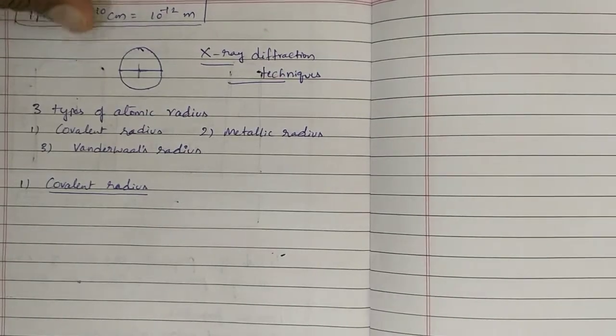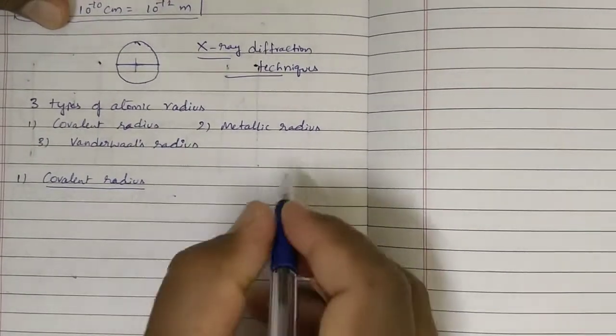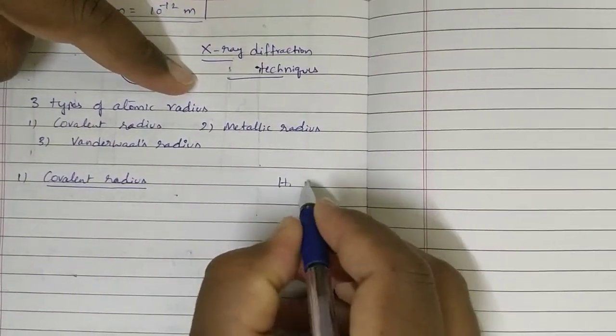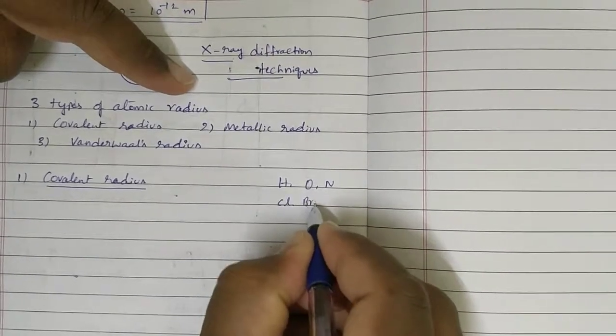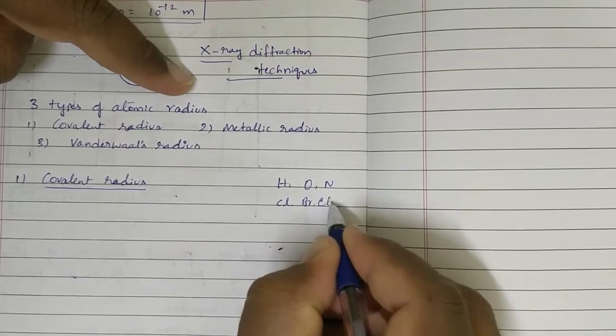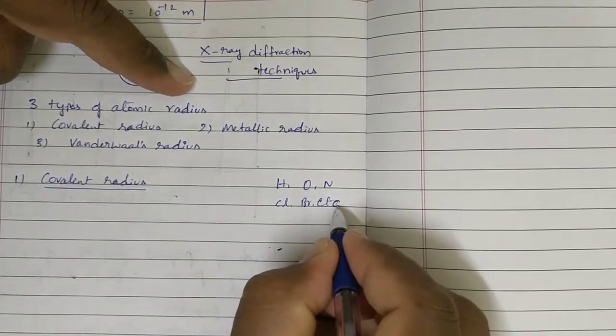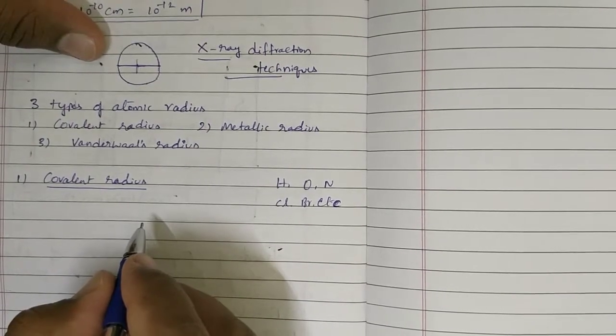Covalent radius. Generally, elements like hydrogen, oxygen, nitrogen, chlorine, bromine, etc. cannot exist individually, that is, in the atomic state.